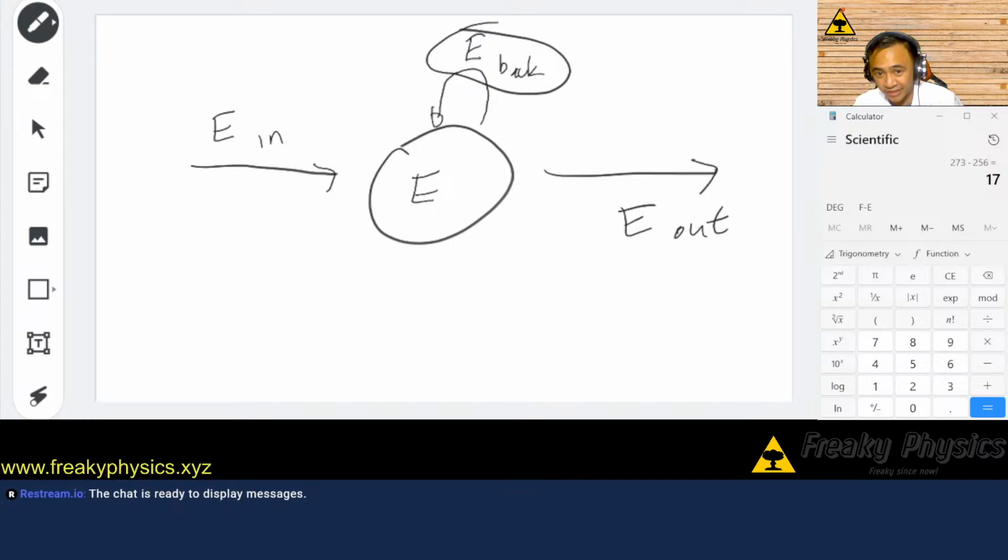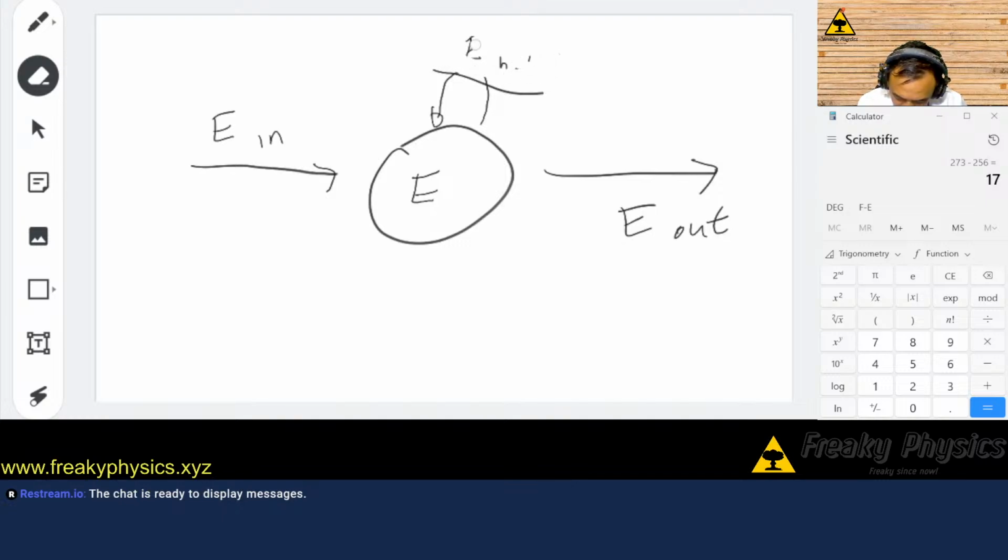So the Earth is radiating heat, but in the process, the atmosphere kind of prevents it from escaping. As we mentioned last time, the key aspect here is the greenhouse effect, right?